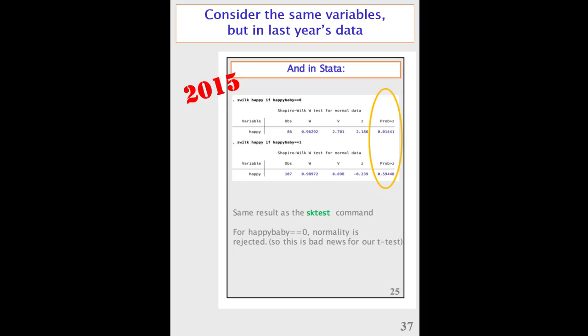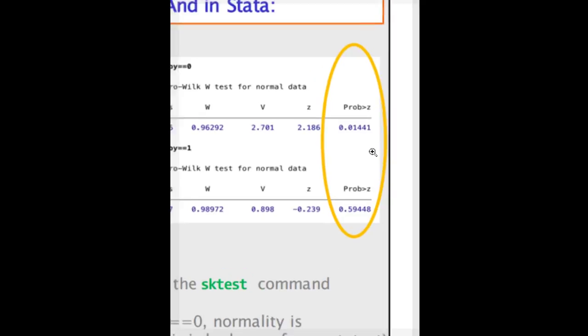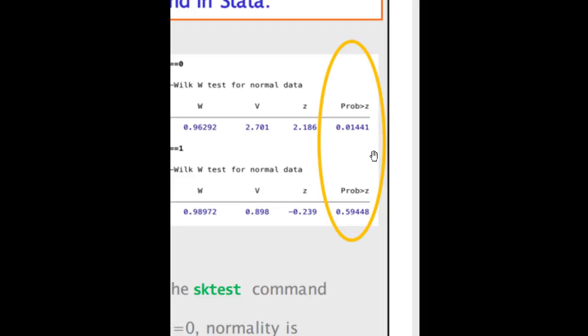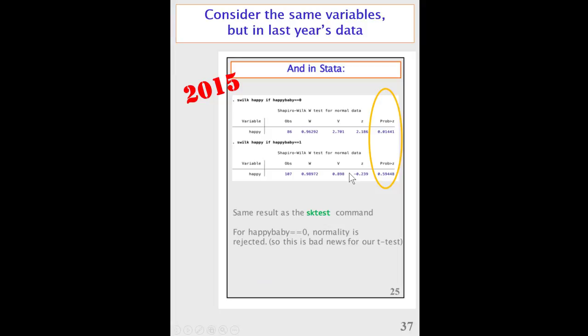Here you have from 2015, again that normality test. Now for one group, this one, we have a value that is below 0.05. So now we're rejecting normality for that first group. So this is not working.